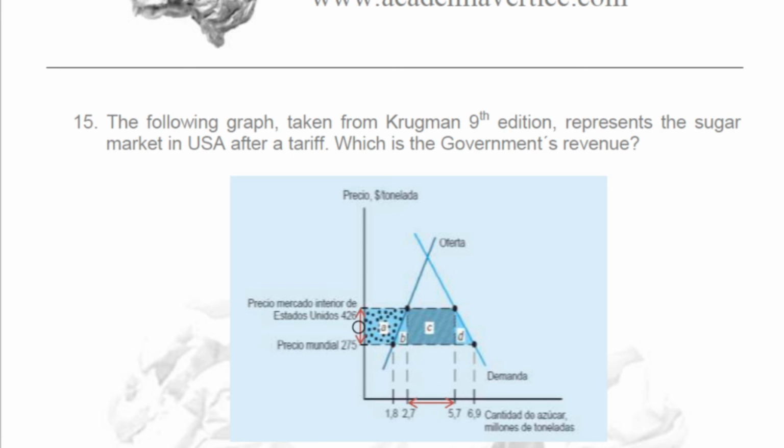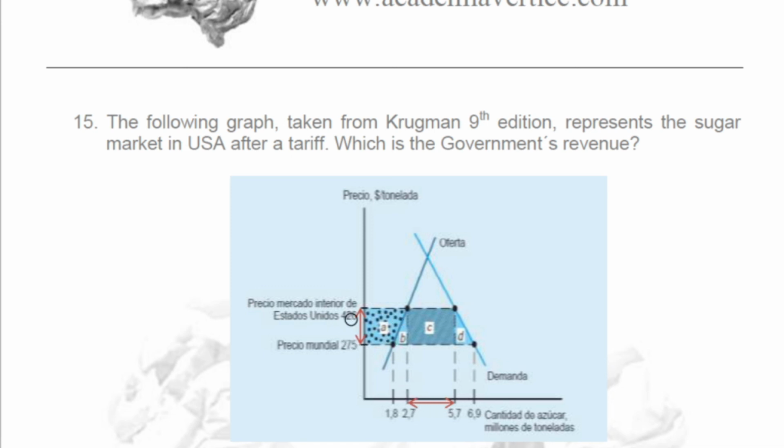If the numbers are done properly, we could find the same graph by a tariff as by an import quota.